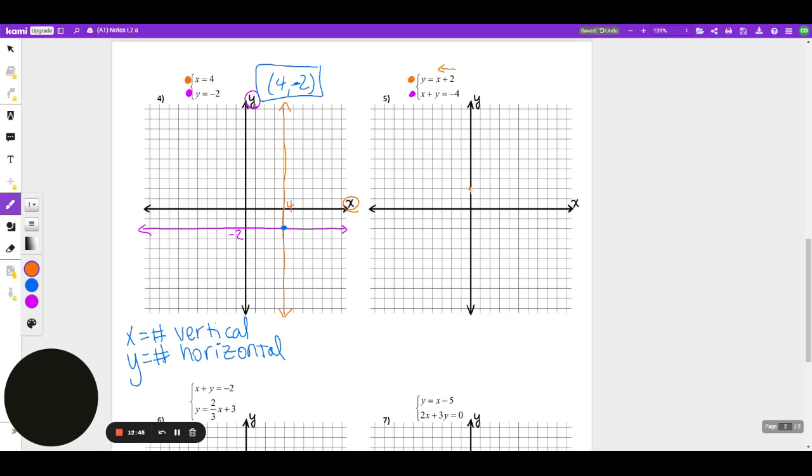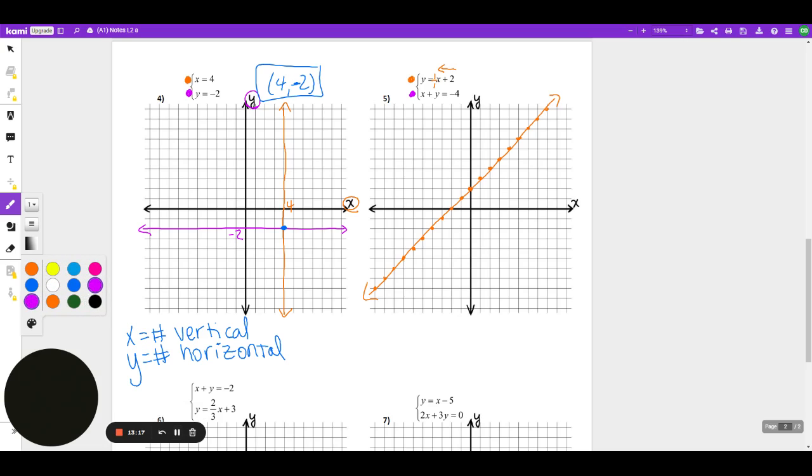I'm going to start with the 2 and then use my 1/1 slope as my pattern from there. And I do want to just take a second to draw that all the way across my graph. All right, now that that equation is completely graphed, I can go ahead and focus on my purple equation.